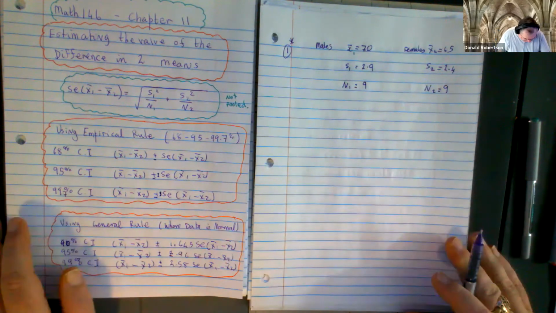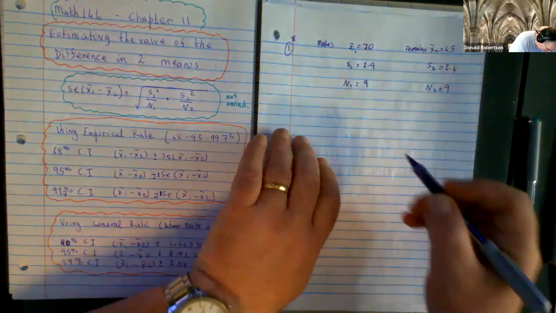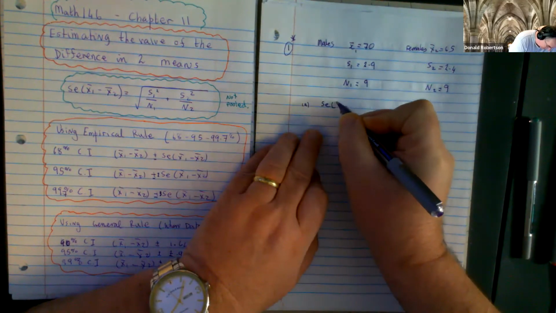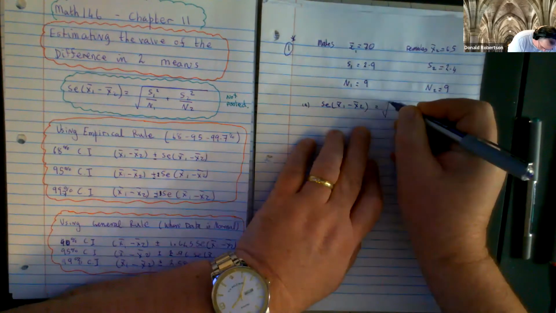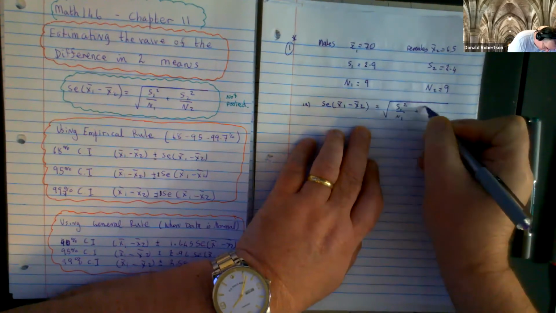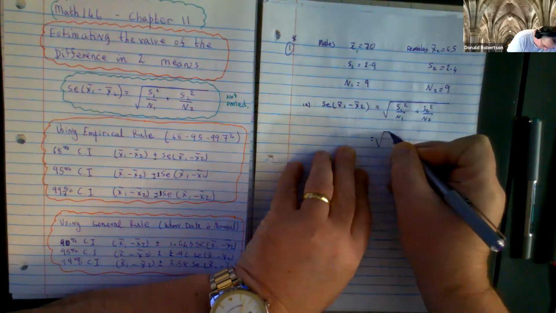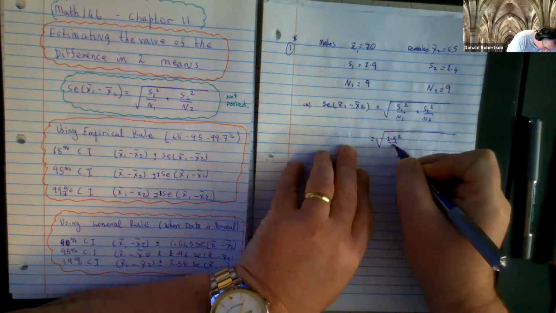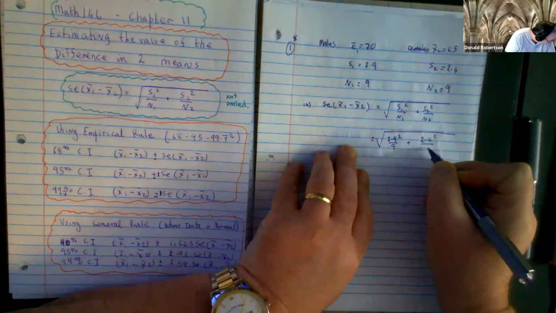And from all of this information, we're going to calculate, for instance in question A, the standard error. And that's where the S1 thingy and the S2 thingy kick in. So in this case, it's going to be 2.9 squared divided by 9 and 2.4 squared also divided by 9.